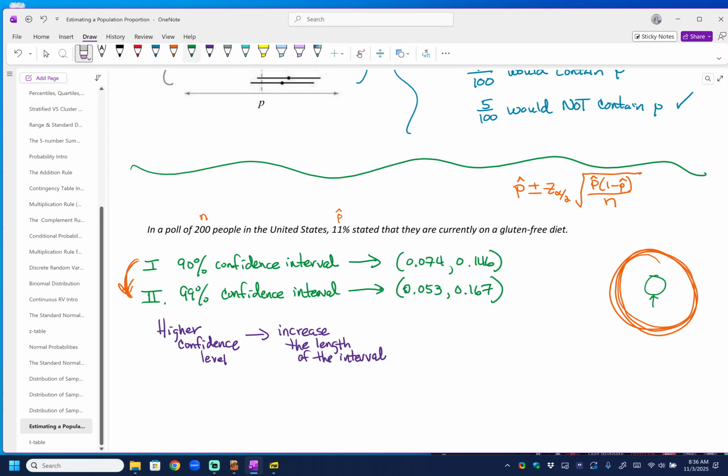I'd rather have a small interval to find P, so I would consider that more accurate. So what has happened? By increasing the length of the interval, I have actually decreased the accuracy of the interval.